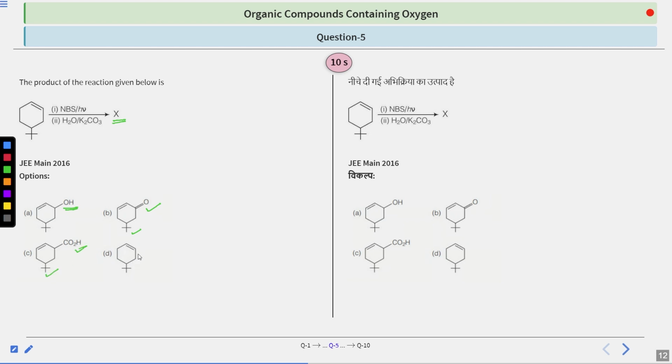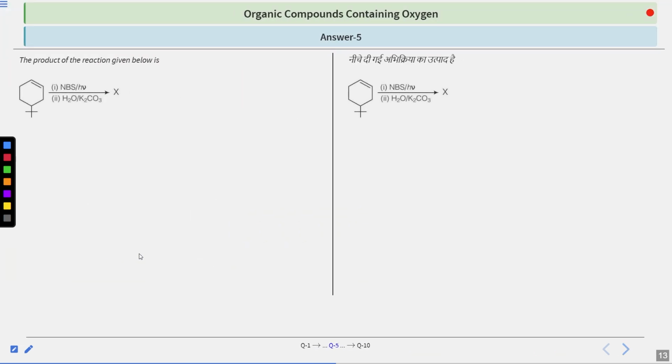Or the same as the reactant. You have some time to think about this question. After that, we will see the answer. Let's see. The correct answer is option A.